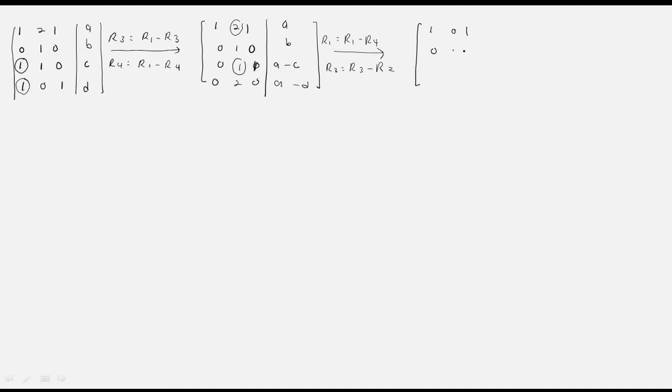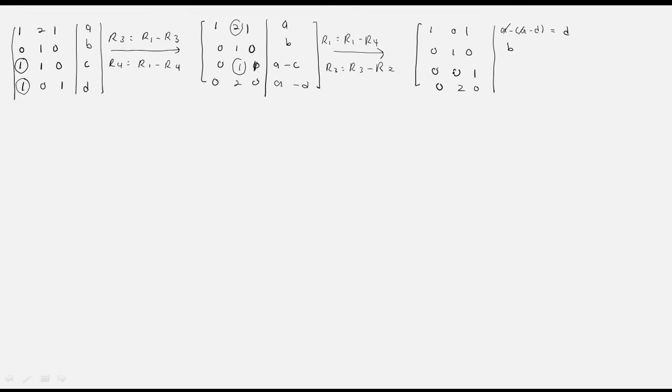R2 is the same, 0, 1, 0. Okay, change R3, we get 0, 0, 1, and R4 remains. Okay, we change R1. R1 minus R4. So A minus A minus D. A minus A, so negative minus negative D, D. Okay, we did not change R2.